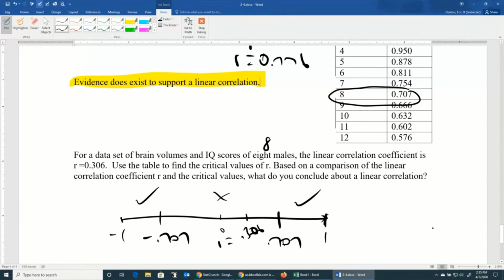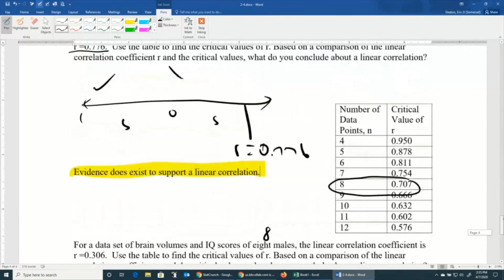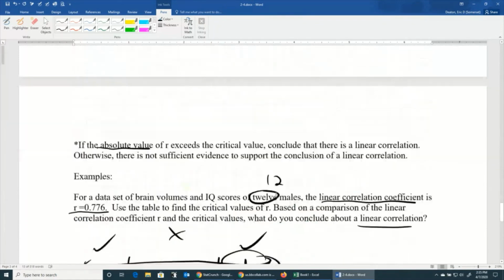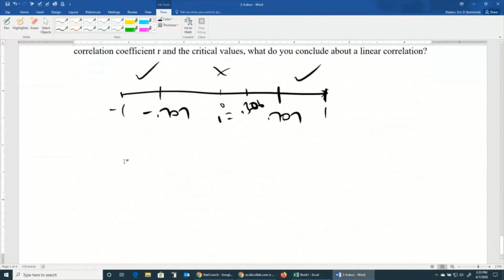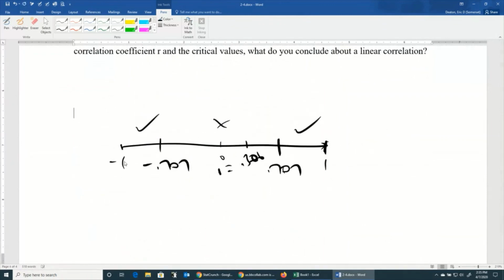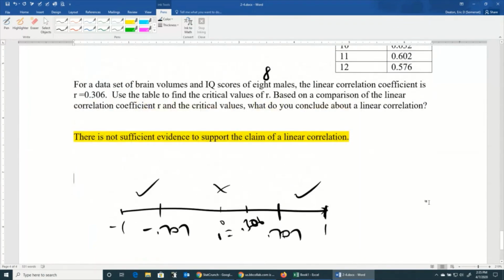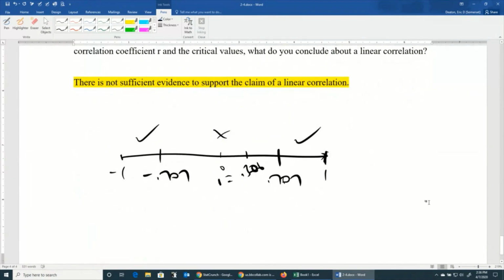You can always think of it as, since it's in between and it's not greater than the critical value, there is not sufficient evidence to support. And that's how you use the chart, and that's really all there is to it. If you ever have any questions, just ask.